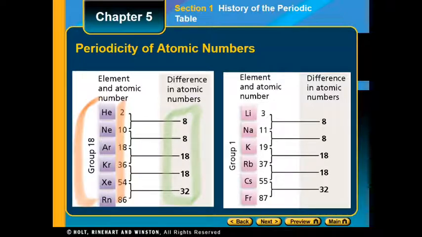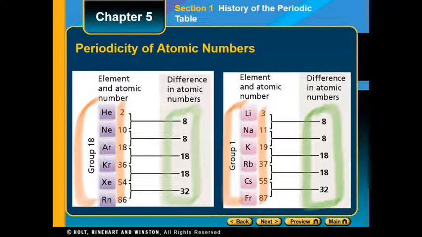So that's group 18. Then we head over here to group 1. They are leaving hydrogen off because period 1 is very short. So group 1, lithium down through francium, there are their atomic numbers. And if you subtract the atomic numbers there, again, same repeating pattern: 8, 8, 18, 18, 32.